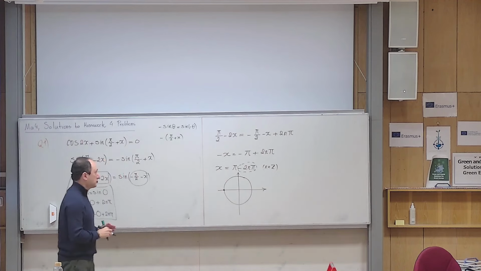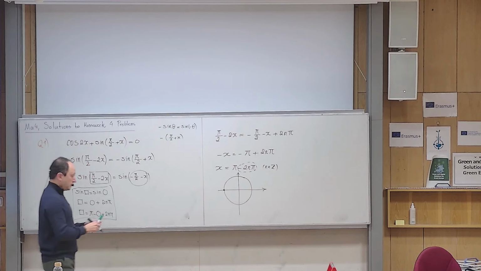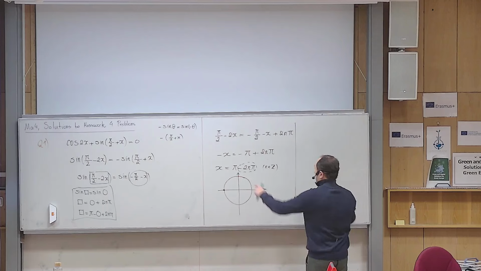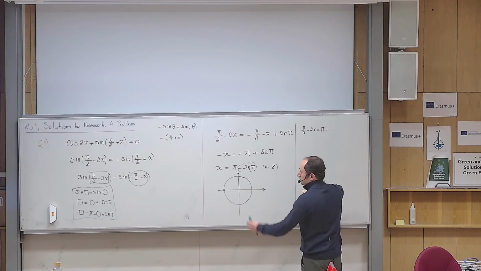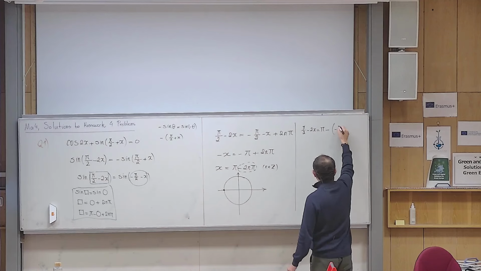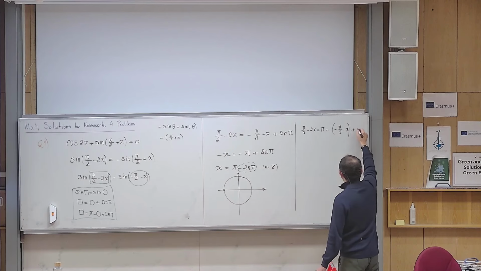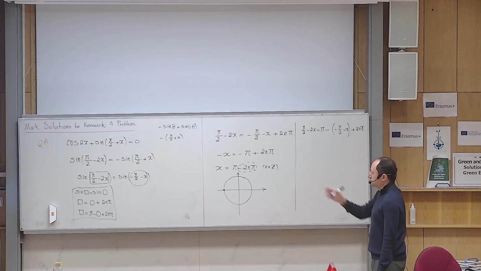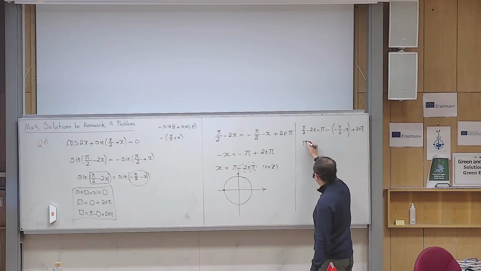That is one scenario. The second one that I haven't considered yet is this one. So I have to go here. This time, the box, which is pi over 2 minus 2x, is what? Pi minus, again, let me be careful here, yes? Agree with me? The box is pi minus the circle plus, and then I move this minus sign in.